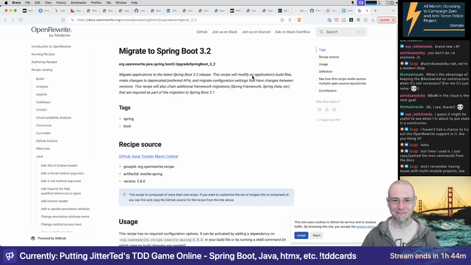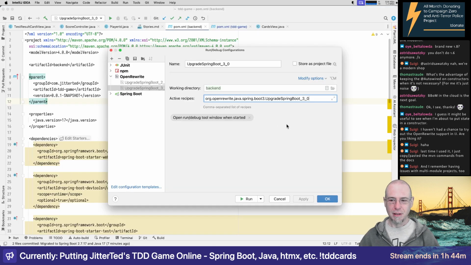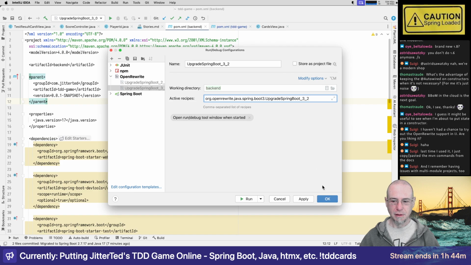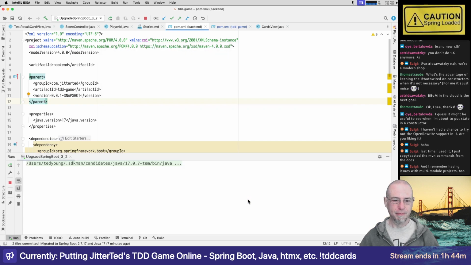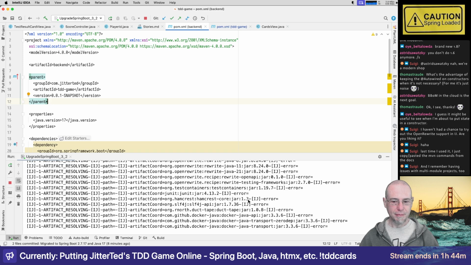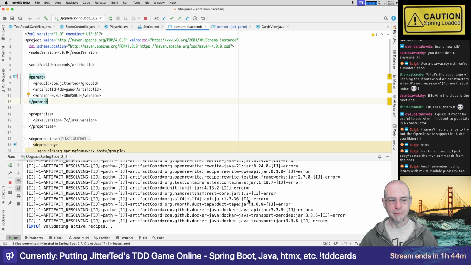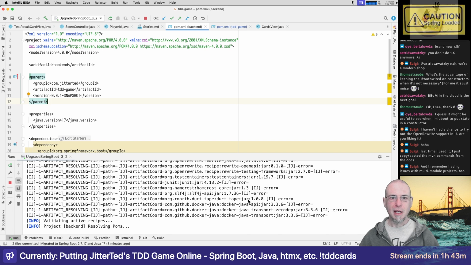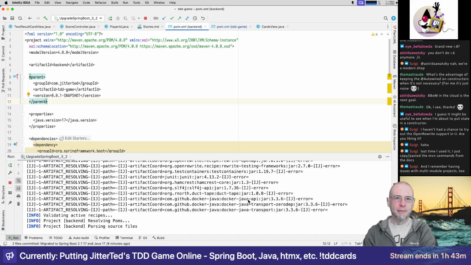No. Let's do 3.2. And we'll run it. Yeah, I wonder if the multi-module thing is a known issue.